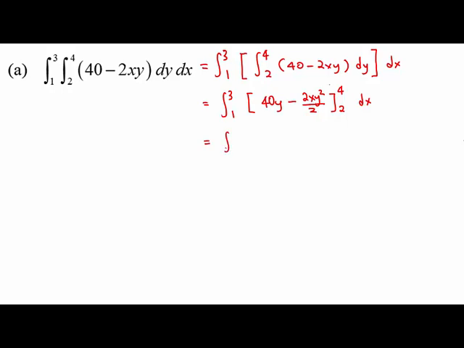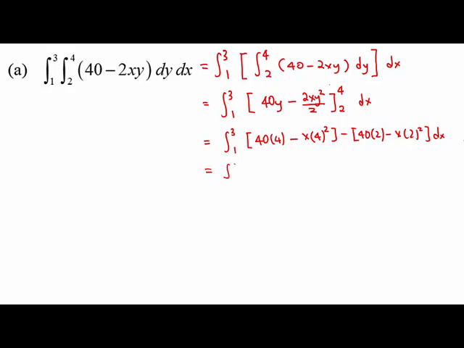And so, you may now begin to substitute these values inside to evaluate the definite integral. Bearing in mind 2 divided by 2 is 1, so we simplify that. And we substitute y equals 4 inside, minus 40 multiplied by 2, minus x times 2 squared, dx.